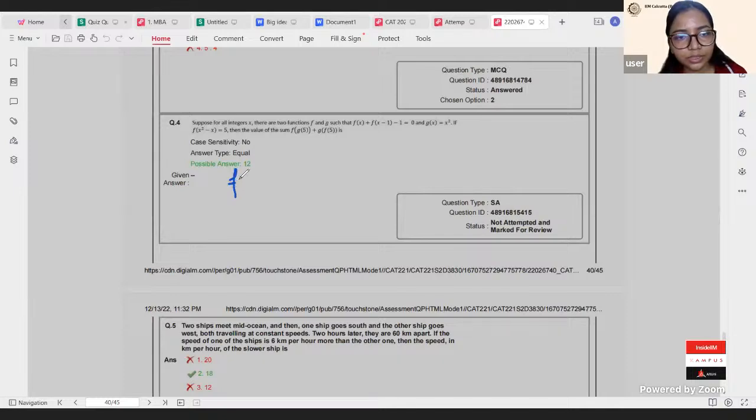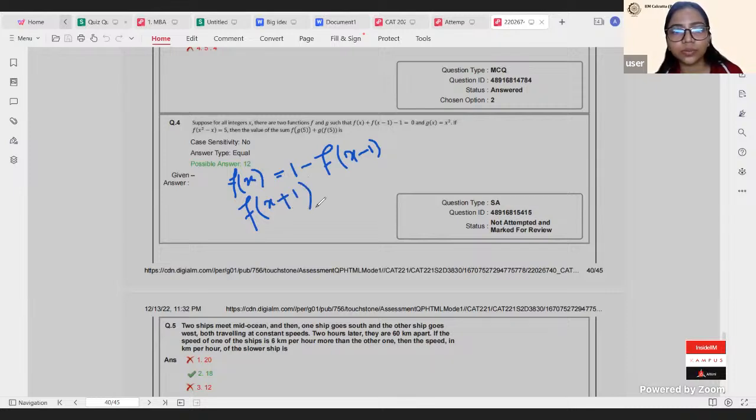So here, as you can already see, I haven't attempted it in the actual CAT. So pretty much if we replace this by x plus 1, then it will be minus f(x).